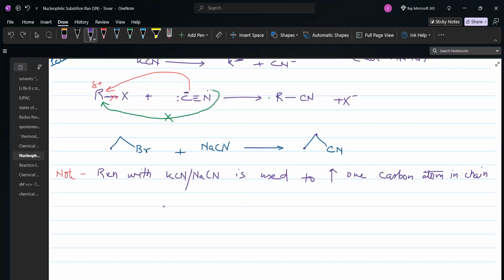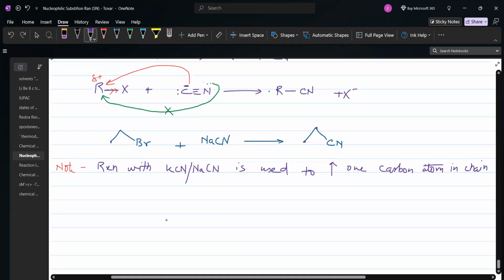Other examples. This one is mentioned in your NCERT. The reason which you have to know, I'm writing this down: since KCN is ionic in nature, please see, KCN has covalent bond also and ionic bond also. K plus is making an ionic bond with CN minus, so here covalent bond is also present, ionic bond is also present.